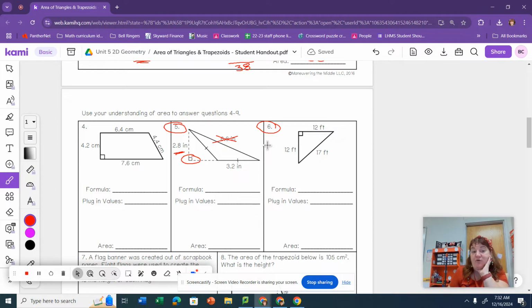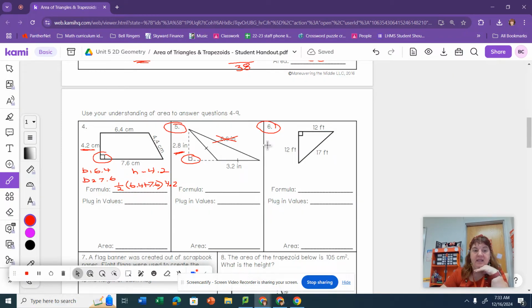Okay, let's try one more together. Again, look for the right triangle, and that tells you the height. So our B1, our B2, and our height. We know our height is 4.2. And then the height connects the two bases. So 6.4 and 7.6. So let's do our formula. 1/2 of 6.4 plus 7.6 times 4.2.